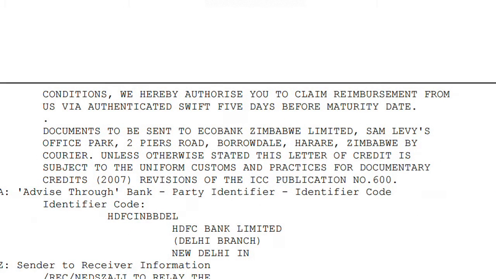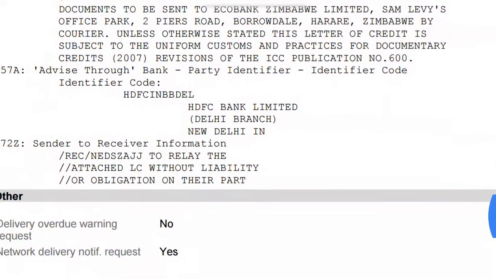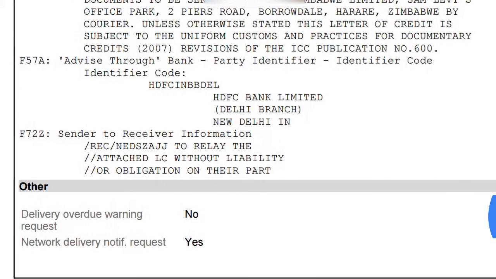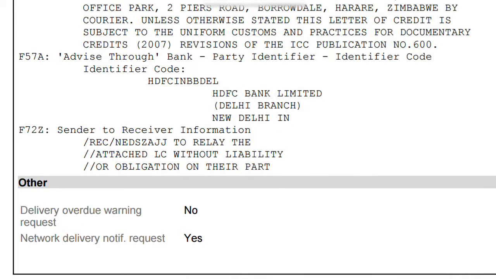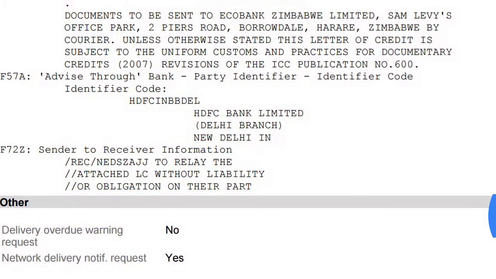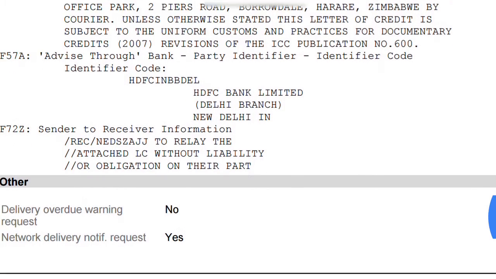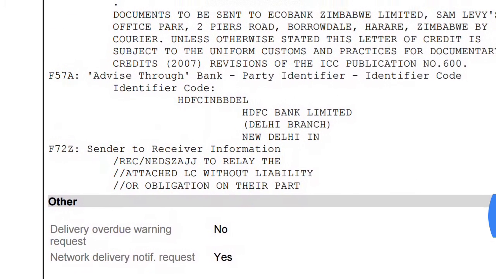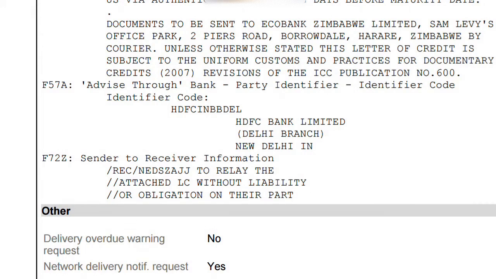These are the additional information we can read, but mainly we focus on the codes which are used in the international market, which we have already studied. Here the identifier code, the advising bank or party identifier, is mentioned.